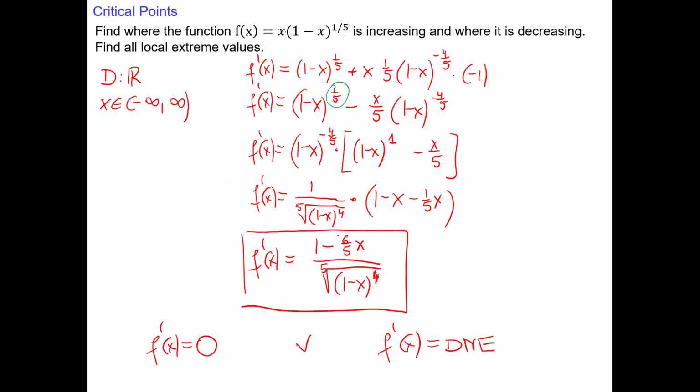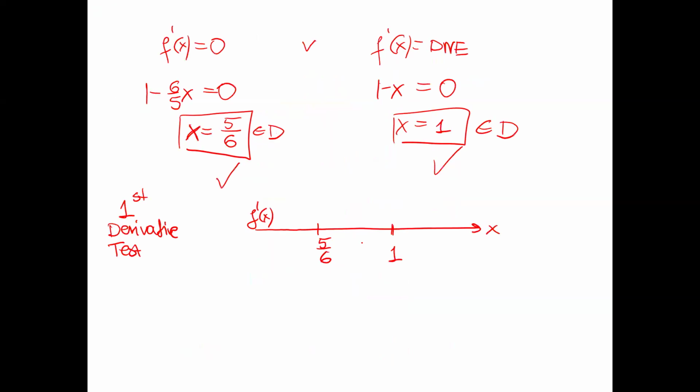That means the sign of the derivative is determined by the numerator. When we substitute a big positive number instead of x, the entire quantity will be negative, correct? Because it's 1 minus 6/5 times a positive number. It's negative.